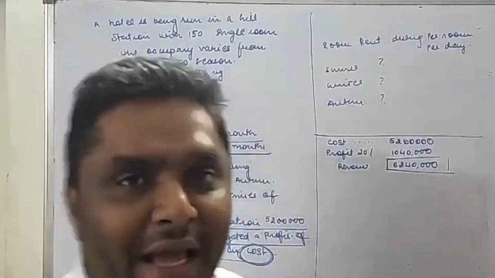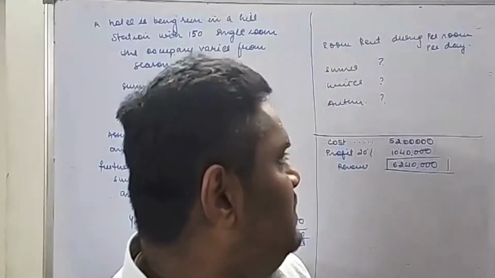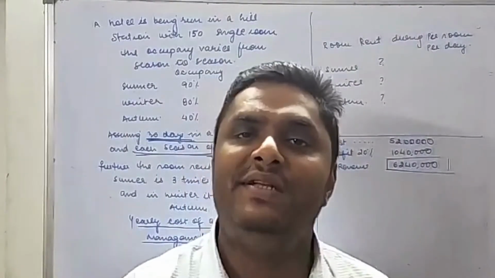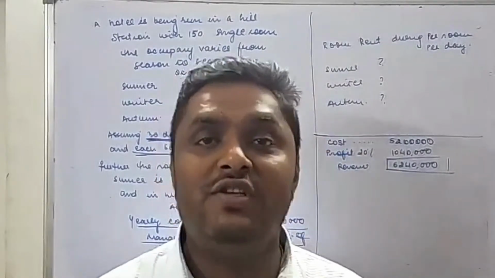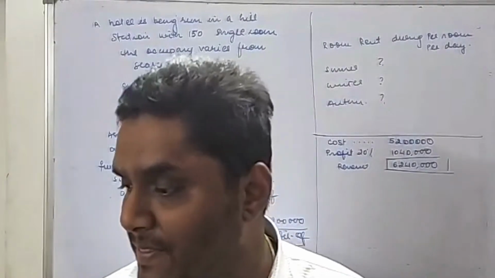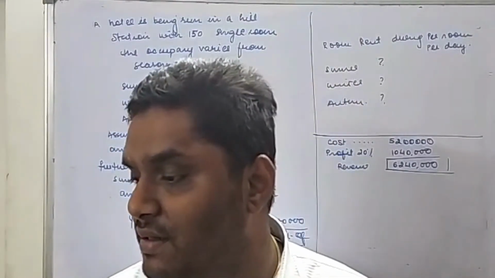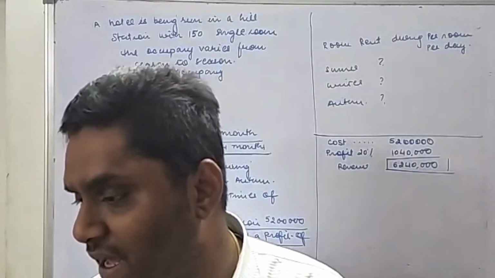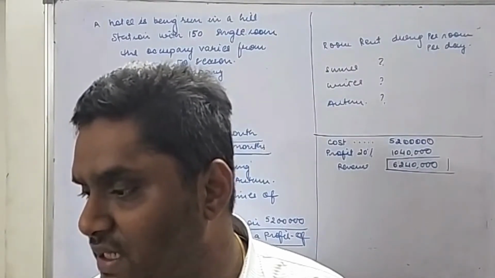I have purposely used this language, 20% on cost, and straight away students did 52 lakh divided by 80%, 65 lakh. That answer is incorrect. Most of the students posted this answer, 65 lakh. After repeating again and again, Neeru also 65 lakh. See, Neeru posted.